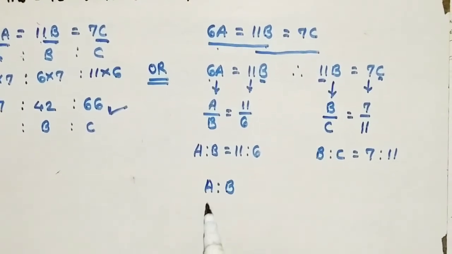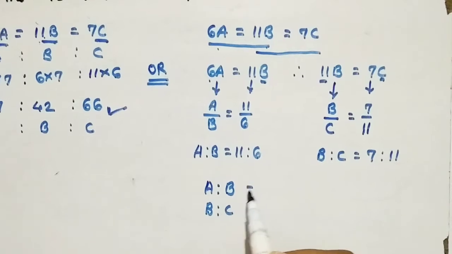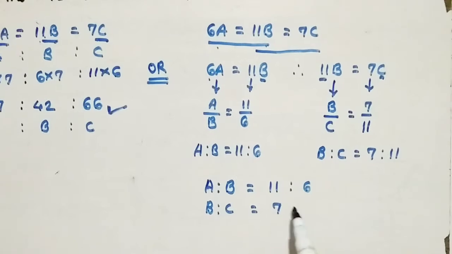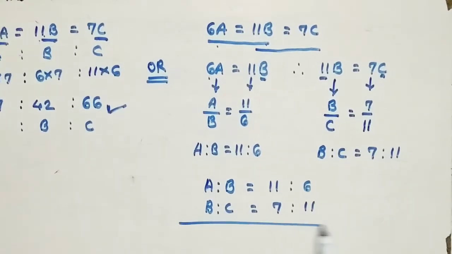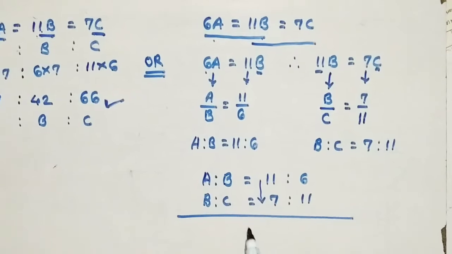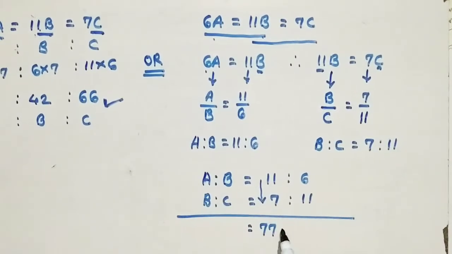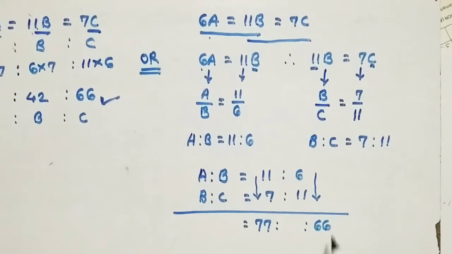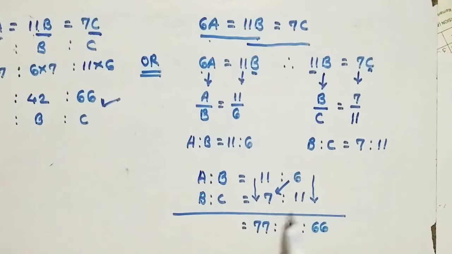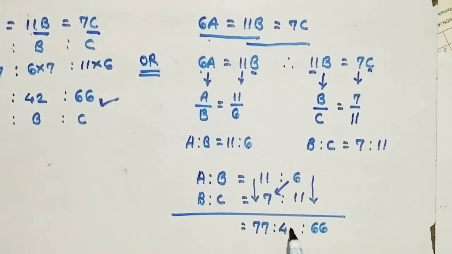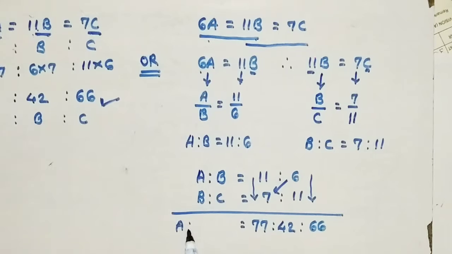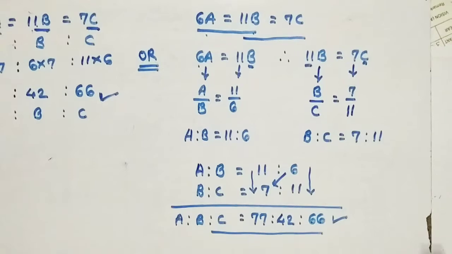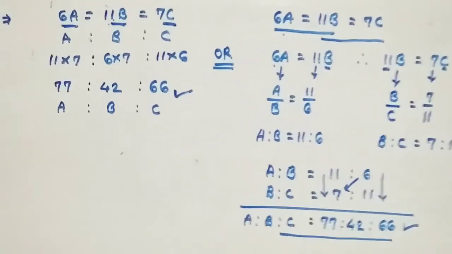A is to B and B is to C is equal to 11 is to 6, then 7 is to 11. Right? So 11 into 7, that is 77. 11 into 6, that is 66. And 7 into 6, that is 42. So A is to B is to C is equal to 77 is to 42 is to 66.